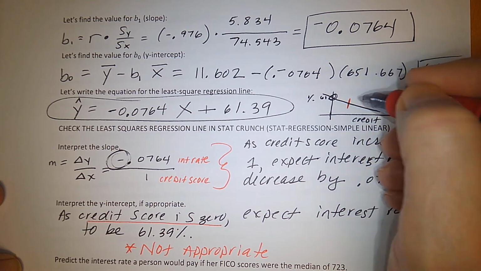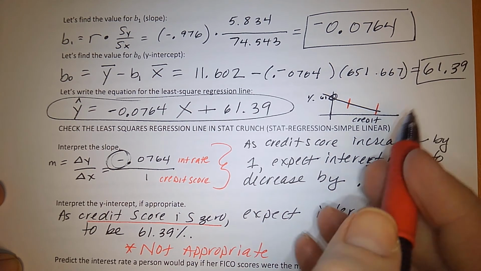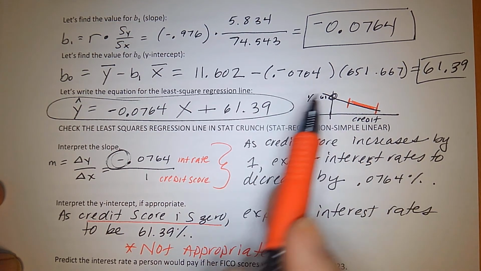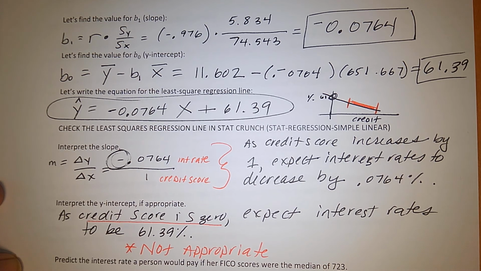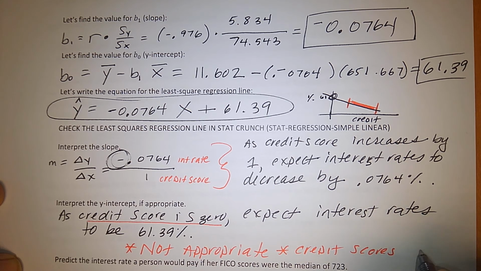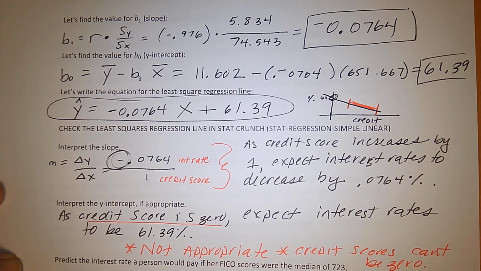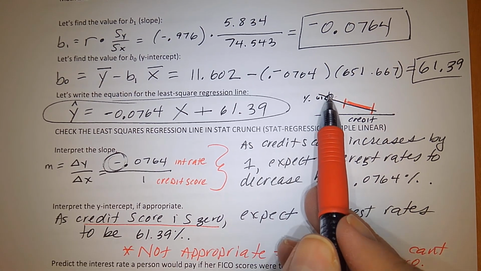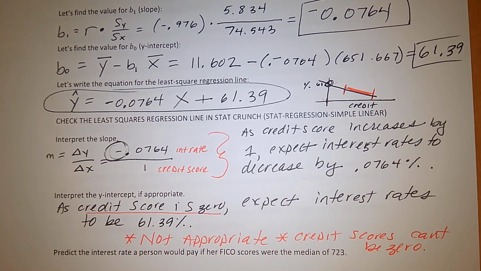So this linear regression line is only going to be valid between a certain set of numbers. It's not going to be valid all the way back at 0. So if the x simply can't be 0, then you can't technically have a y-intercept that makes any sense.